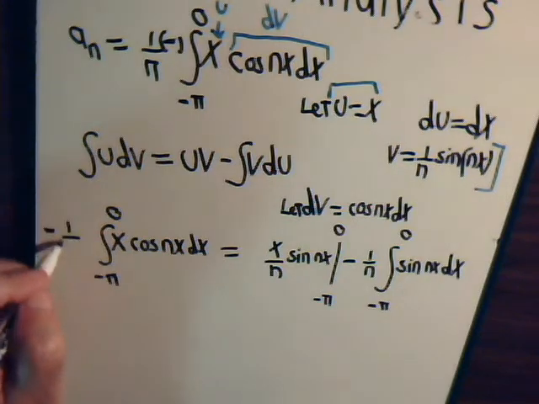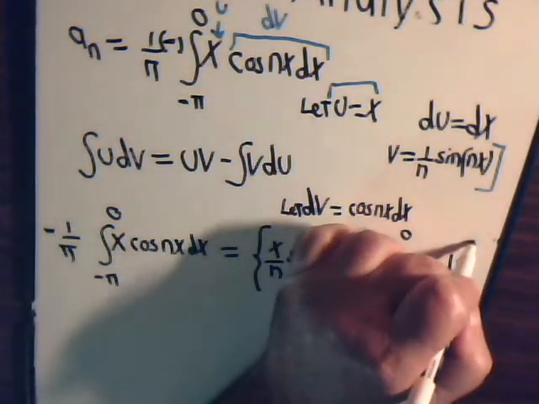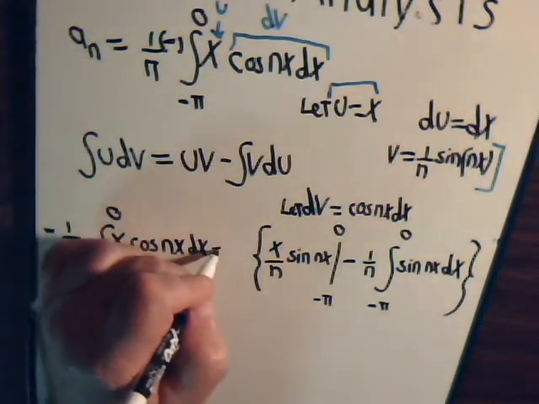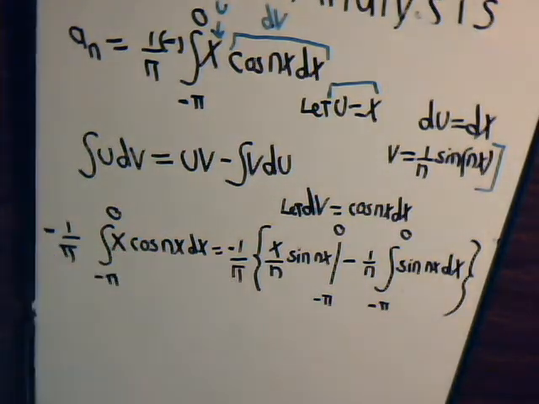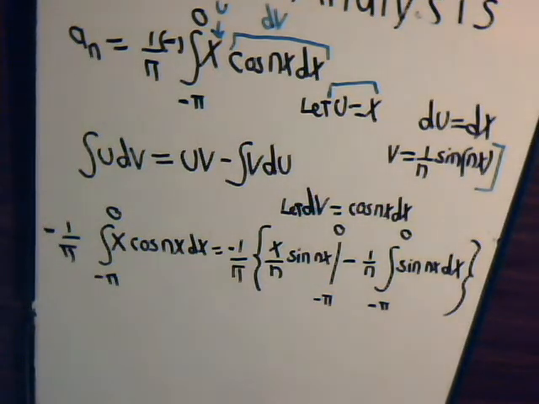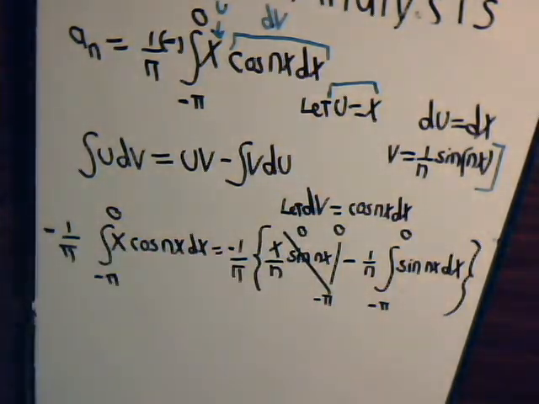So minus 1 over pi. Okay, now here we put 0 in for x. The sine of 0 is 0. If we put negative pi in for x, the sine of any multiple of pi, whether it's positive or negative, is 0. So that's 0.